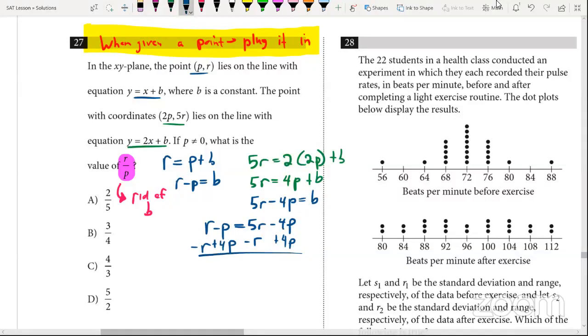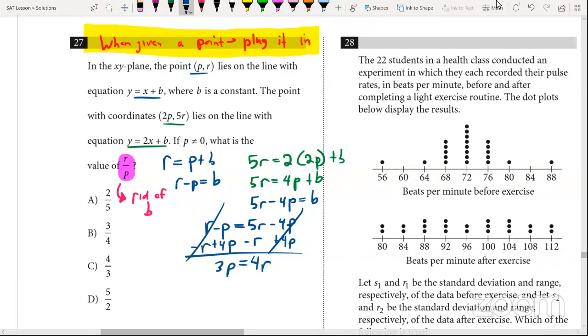So we have that right there. And we can go ahead and cancel the R's, cancel the 4P's. And so now we have 4P minus P here is 3P. 5R minus R is 4R.